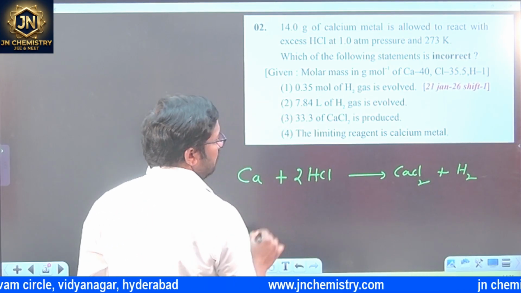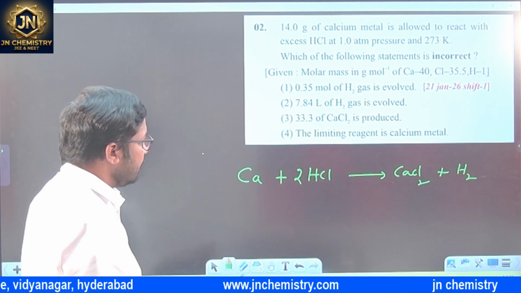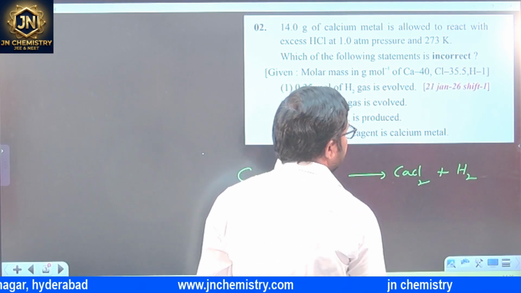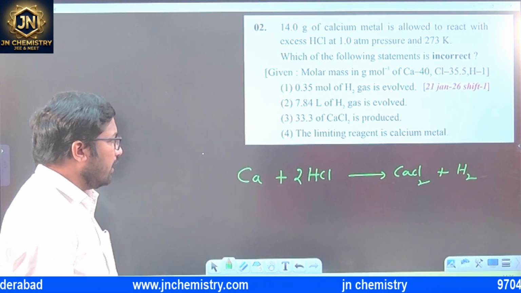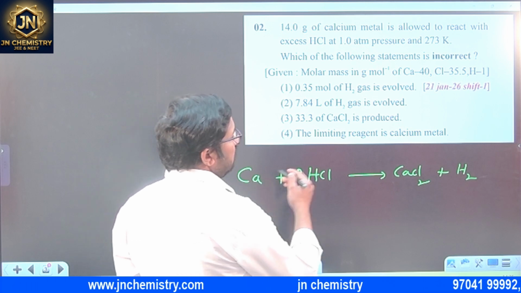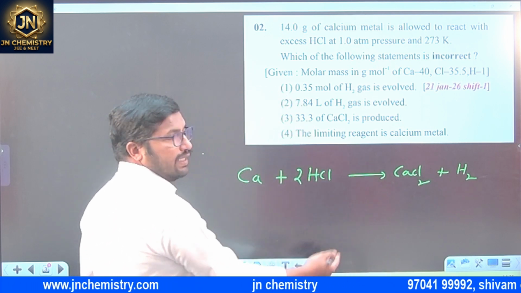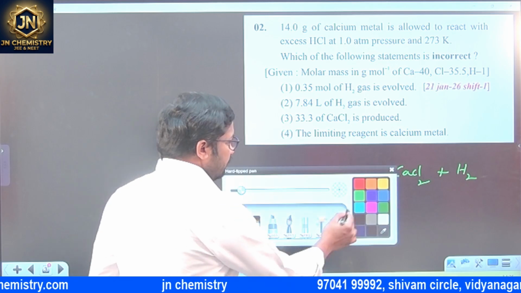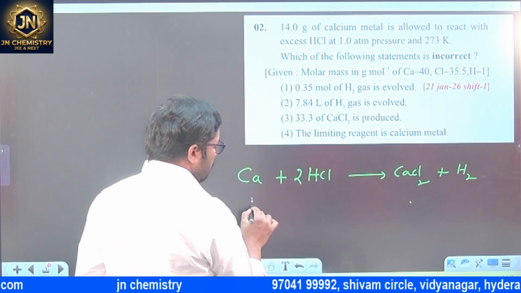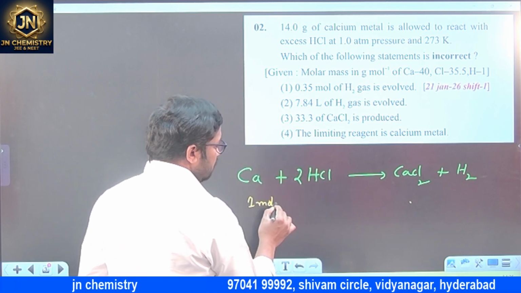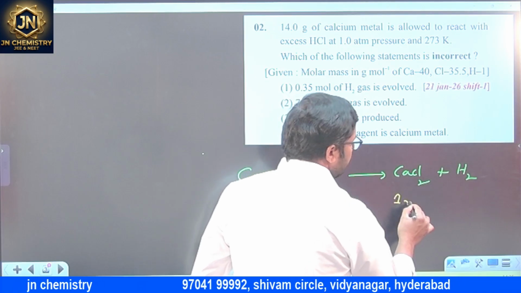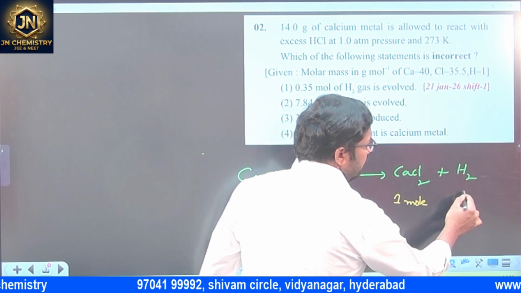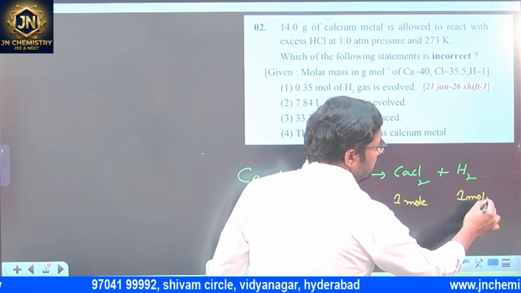For example, if 2 moles of HCl, in excess, you get CaCl2 and H2. According to this, 1 mole of CaCl2 and 1 mole of hydrogen we are getting. So 1 mole of calcium will give 1 mole of CaCl2 and 1 mole of H2.